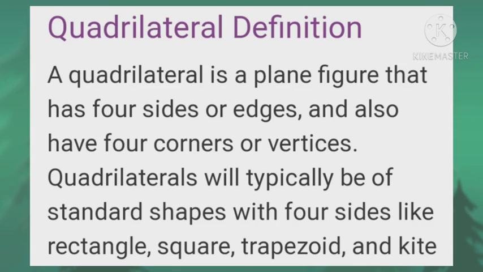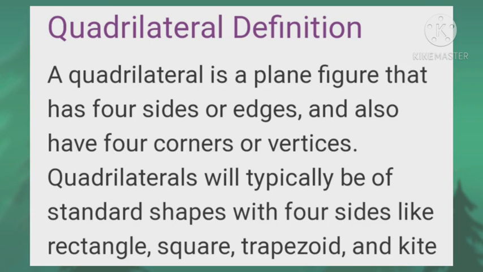Okay. Today we are going to discuss the quadrilateral. A quadrilateral is a figure that has four sides, or four edges, and also four corners, that means vertices. So a quadrilateral is a plane figure which has four sides, four points, four angles.